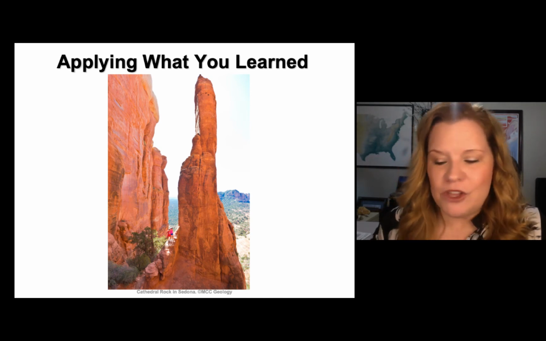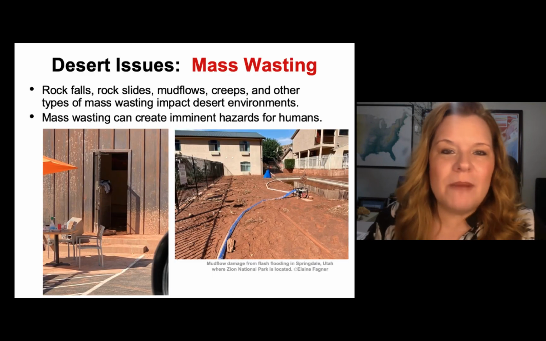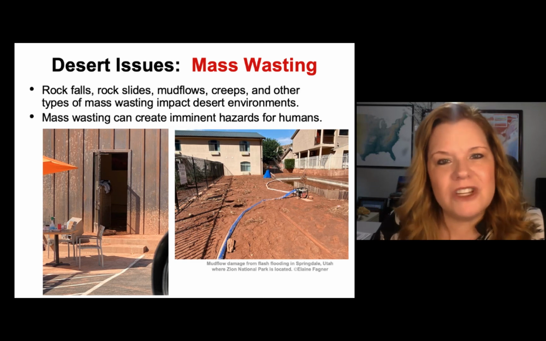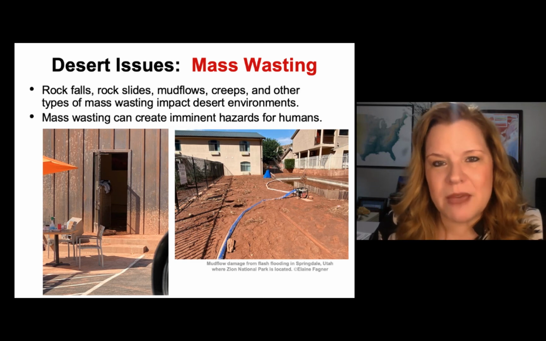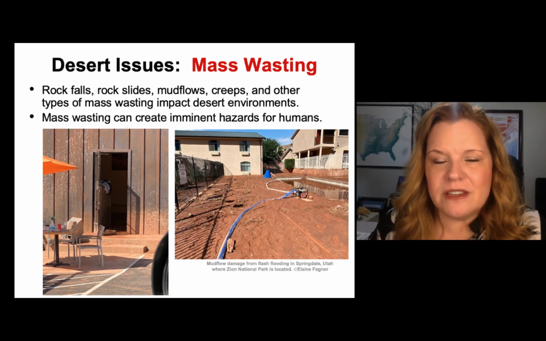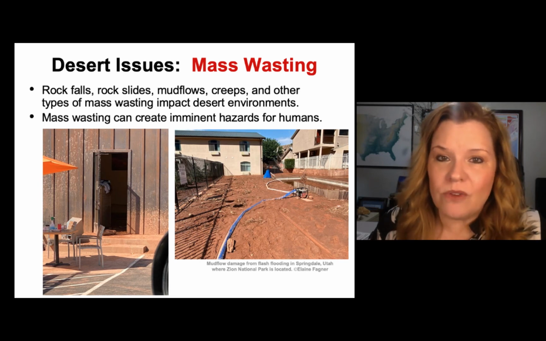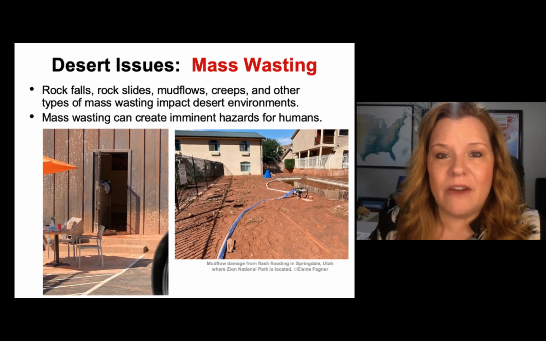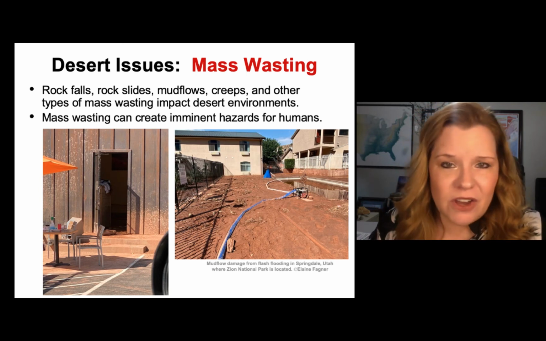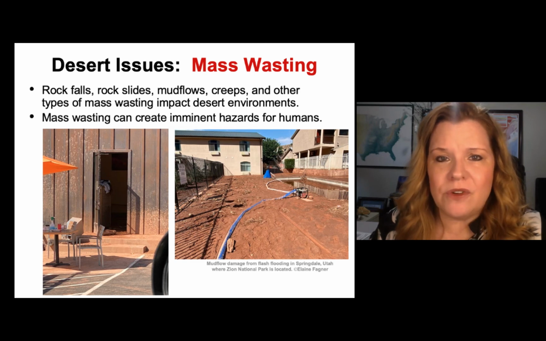So let's apply what you've learned and talk about desert issues, because there's lots of things to contend with in the desert, and one is mass wasting. So I've talked a lot about this in various presentations because I think it's important for you to connect the dots and link how the course content is related. This is Zion National Park right after basically a mudslide came through.